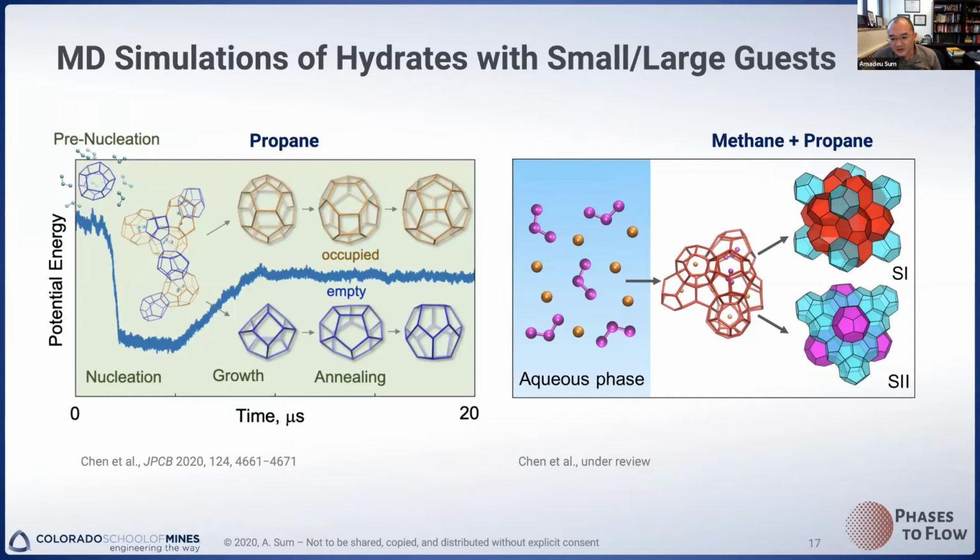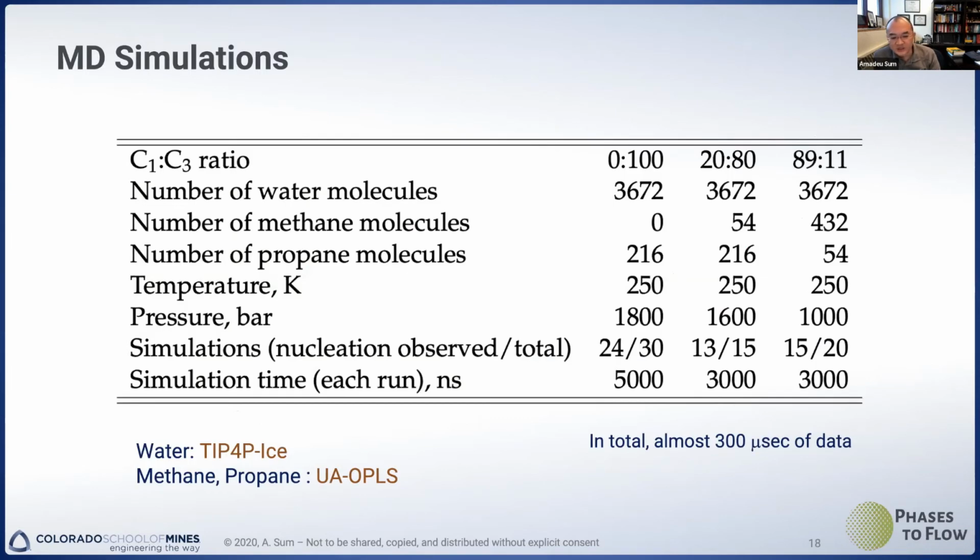And then for the methane-propane system, we have seen this diversity of structures that are formed, right? Let me touch upon some of this. The simulations that we have performed were for different compositions, with different ratios of methane to propane, right?